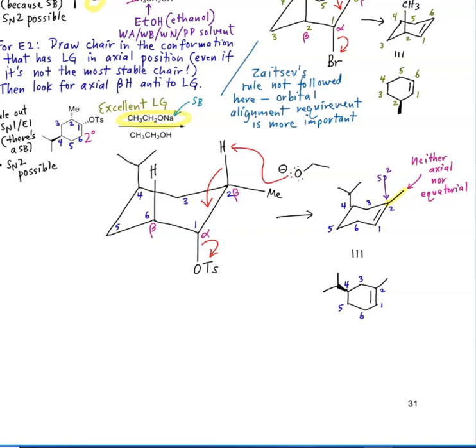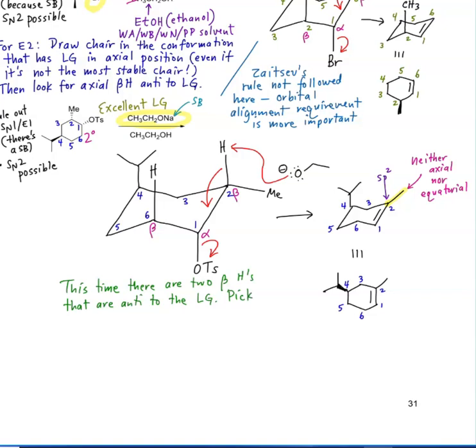Okay, so let's write out what it is that we just did. This time, in this example, there are two beta hydrogens that are anti to the leaving group. So when you have that case, in an E2 reaction, pick the one that gives the most substituted or the more substituted alkene.